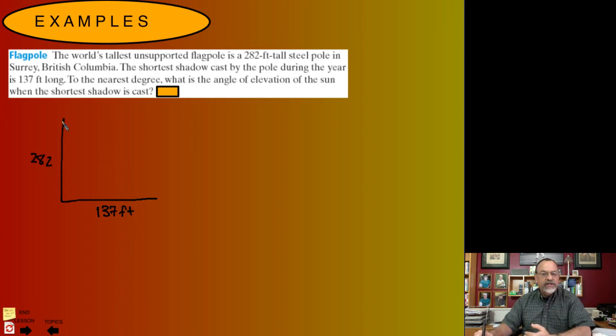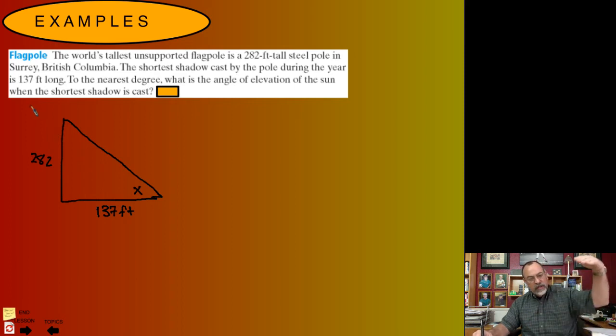It says to the nearest degree, then, what is the angle of elevation of the sun when the shadow is the shortest? So, again, this is the question, what's the angle of elevation? So I have my flagpole, I have the shadow, the angle of elevation has the horizontal and then the line of the sun, and so this would be my figure. So now once again I have the triangle drawn.